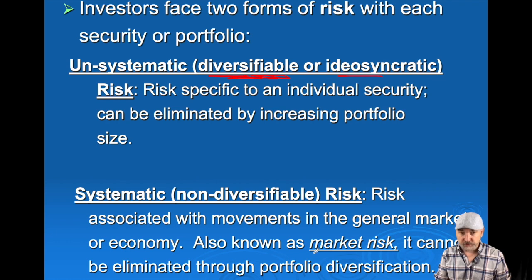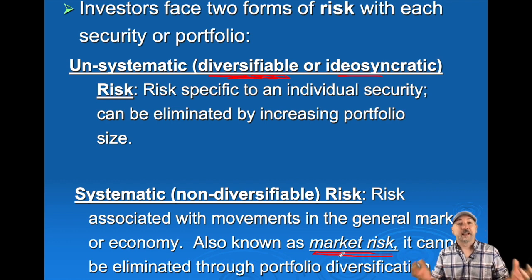So we can think of this simply as the market risk, the shared risk, and that's why you have to be compensated for it, because you can't get rid of it, right? You shouldn't be compensated for diversifiable risk because you just have your portfolio structured such that when one firm goes down, it's going to be balanced out by another firm going up on average. So it shouldn't have an expectation of compensation.